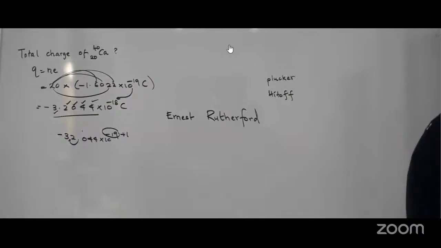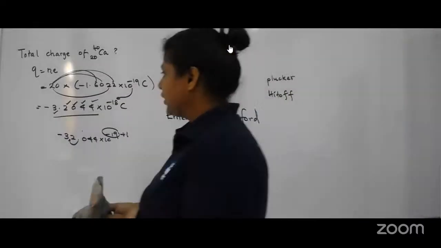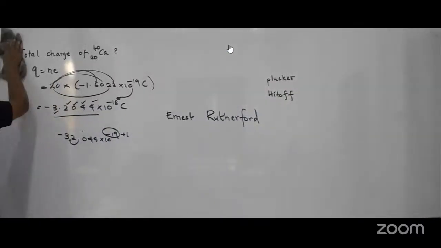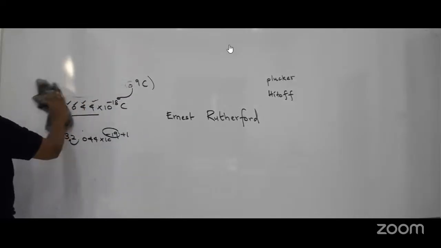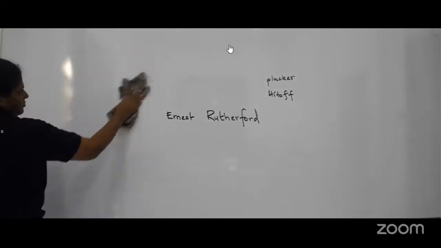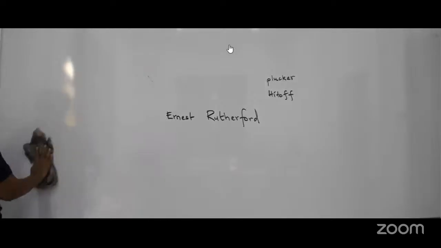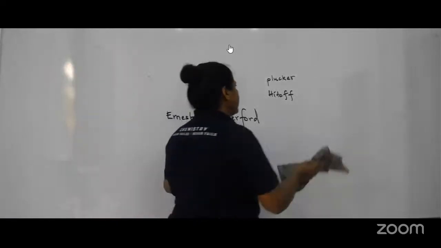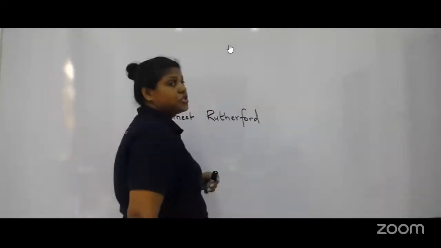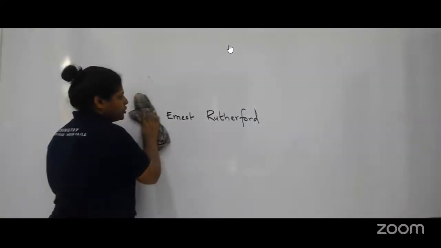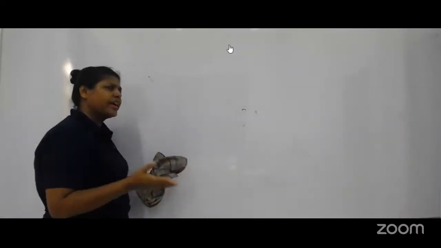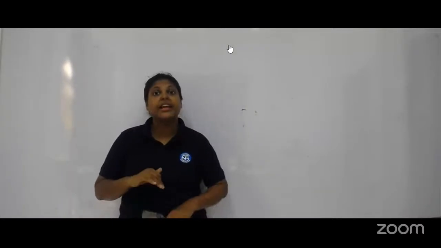Right, now we are going to check whether there is another particle inside the atom. This experiment was conducted by James Chadwick. When there are only positive and negative charges inside the atom, there was a problem: how do they prevent the attraction?